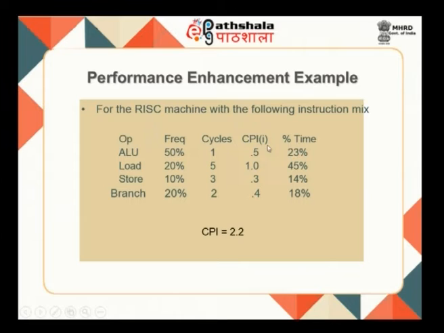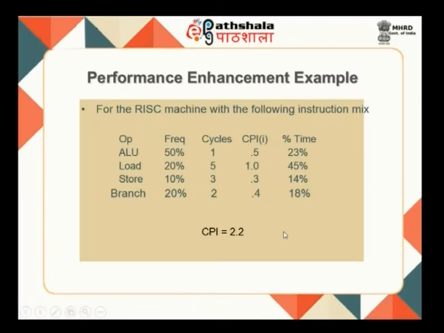For example, ALU instructions constitute 23% of your original execution time, loads constitute 45%, stores constitute 14%, and branches constitute 18%. For this particular case, the effective CPI works out to 2.2.